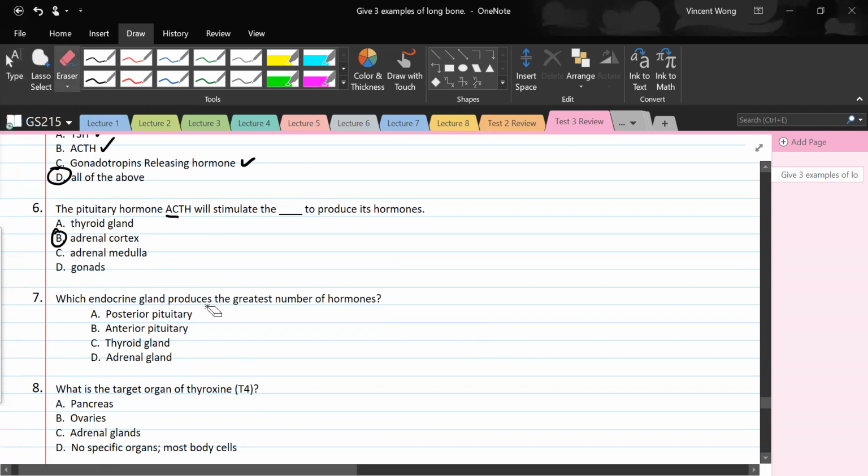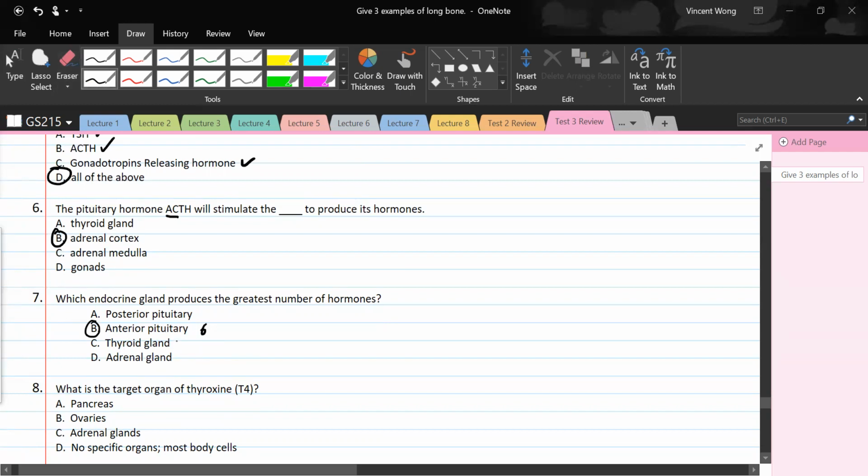Which endocrine gland produces the greatest number of hormones? Okay, so it would be the anterior pituitary. The posterior pituitary gland doesn't produce anything. It just stores the ones from the hypothalamus. Anterior pituitary, right? There are the 4 tropic hormones plus the GH and the prolactin. So that's a total of 6. Thyroid gland, right?